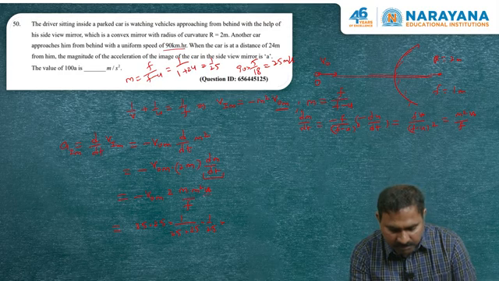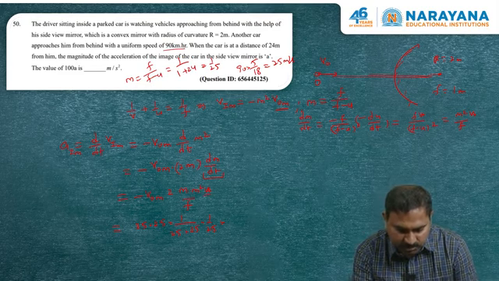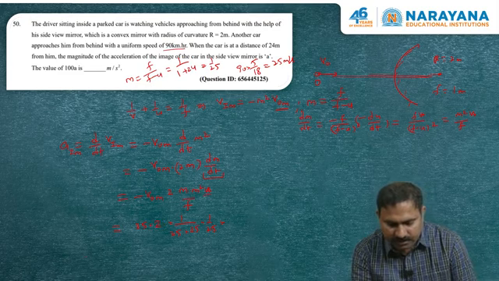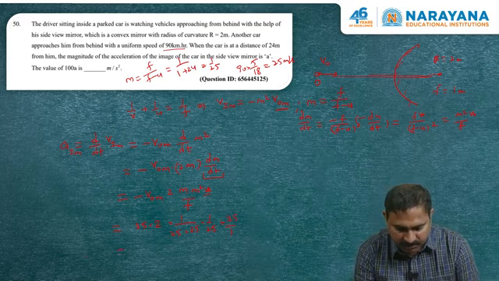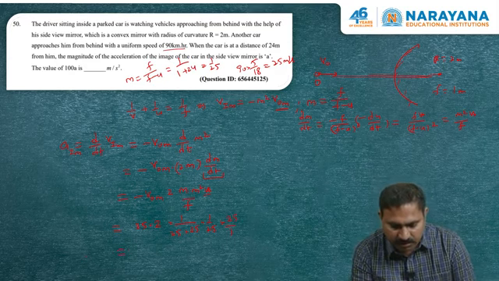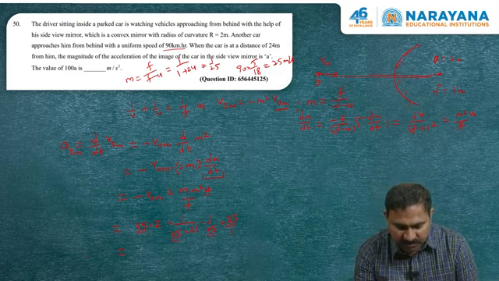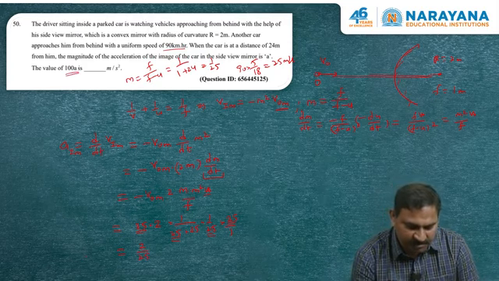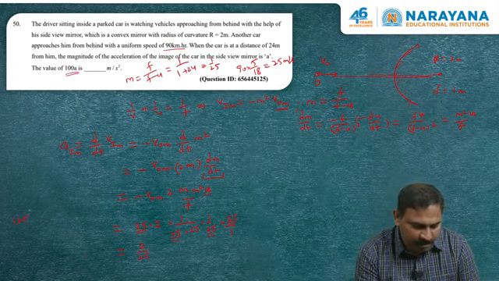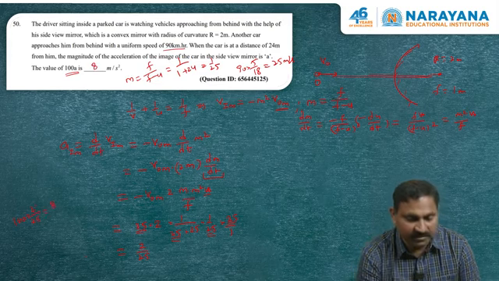Again one more v naught term is there here. This is 2 actually, not v naught square, this is 2. So, one more v naught is 25, f is 1. So, simplification of this comes out to be 25, 25 gets cancelled, 25, 25 gets cancelled, we are left with 2 by 25. He is asking for 100 times of this. 100 into 2 by 25 gives 8. So, answer will be 8 for this.